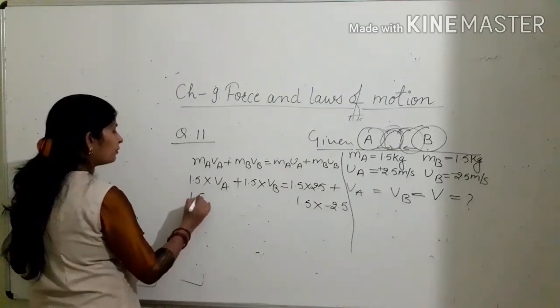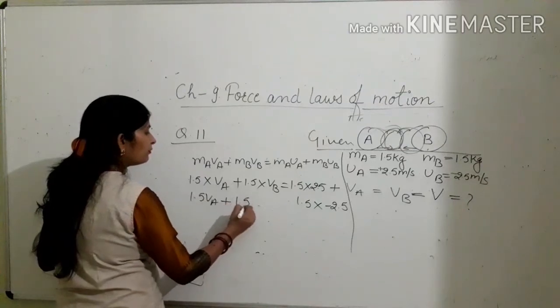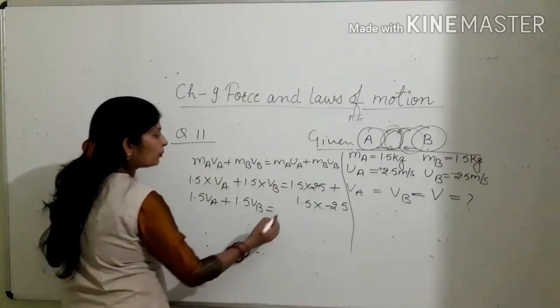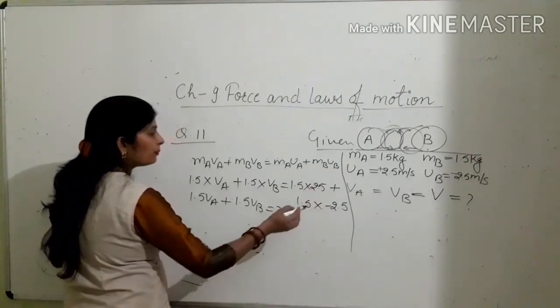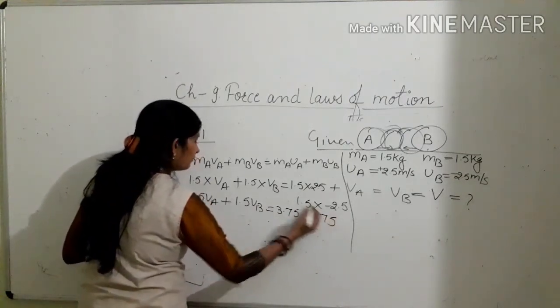So 1.5 VA plus 1.5 VB is equal to 1.5 into 2.5, that is 3.75, plus 1.5 into minus 2.5, that is minus 3.75.